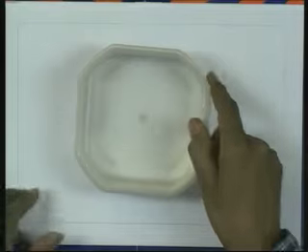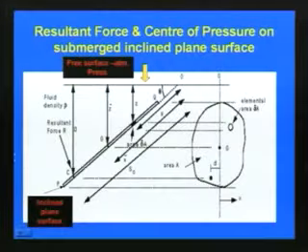Here in this slide you can see there is a fluid in a tank like this, and its free surface is at atmospheric pressure. There is an inclined plane like this, and the fluid density is rho. We are now considering an elemental area delta A, and the total area of the inclined plane is A. We want to find the resultant force and the center of pressure.